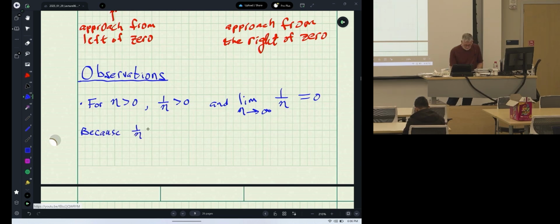Because 1 over eta is positive, we are approaching 0 from the right.